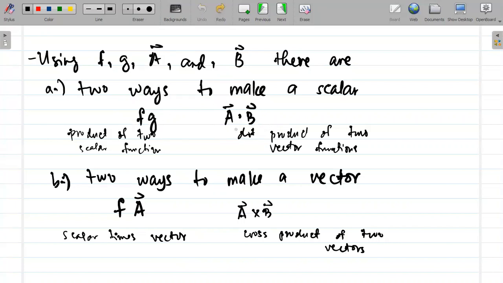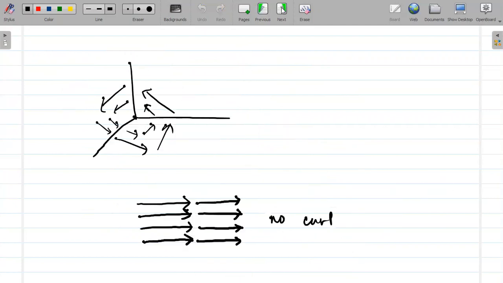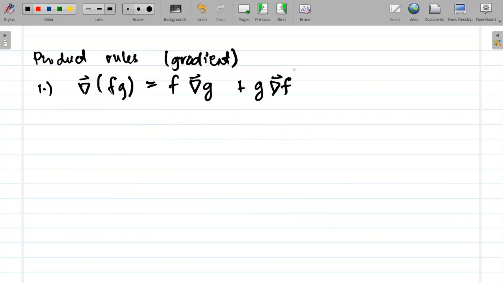We have two. Yung una, del ng FG, di ba scalar yan? That is equal to F del G plus G del F. Class, ito yung usual na product rule natin sa calculus, di ba?